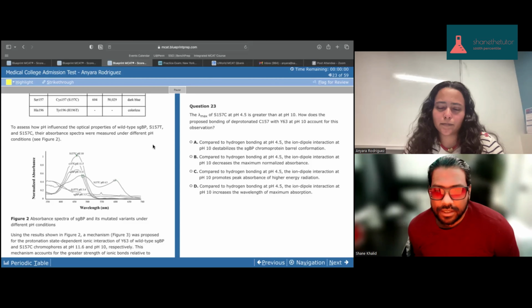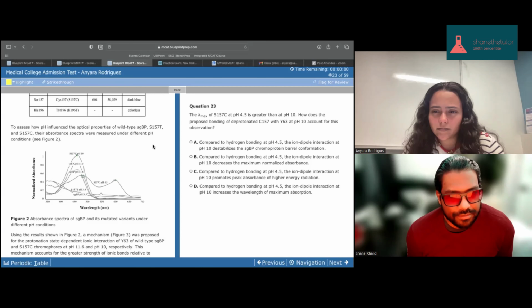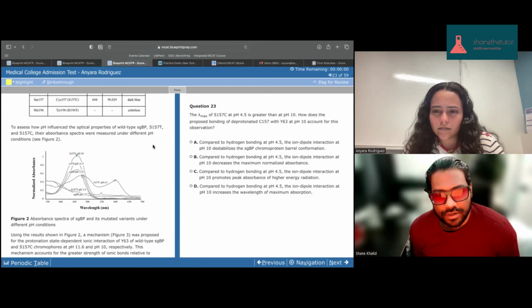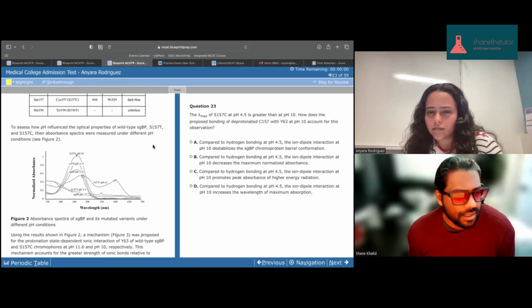So let's see. A says ion dipole interaction at pH of 10 destabilizes this barrel formation. Okay, that's destabilizing it. Then they tell us after that, ion dipole interaction decreases maximum normalized absorbance.